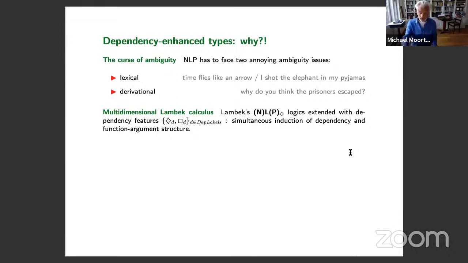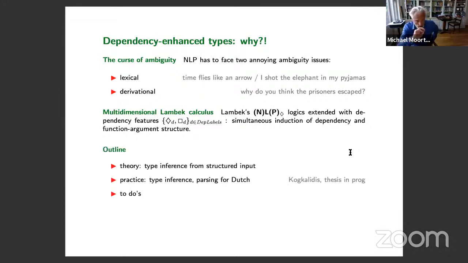So in order to address these issues, we move to this multidimensional Lambek calculus. And the outline of the talk is going to be pretty simple. First, I will look theoretically at the extended system, and I will try to place it into the wider context of type inference from structured input.